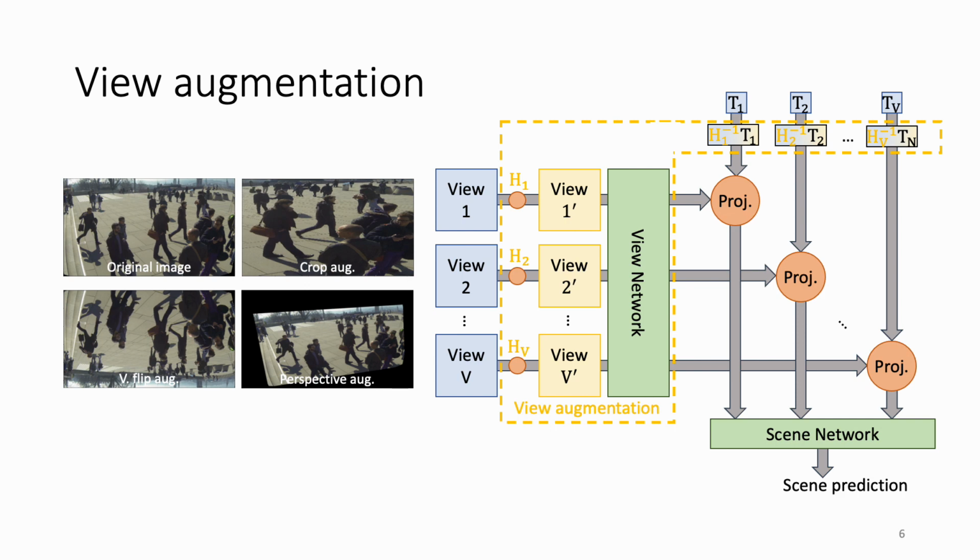Each view can be augmented with traditional geometric augmentation such as random cropping, flipping, random affine, and perspective transform. The augmentations are applied on the original image, and the augmented image goes through the view network to improve its generalization capability. Each augmentation can be characterized by a homography, and knowing this homography, we can update the original projection into the ground plane to preserve the alignment between views.